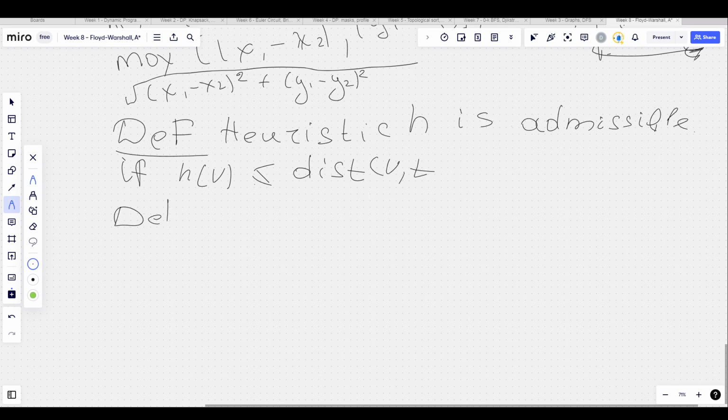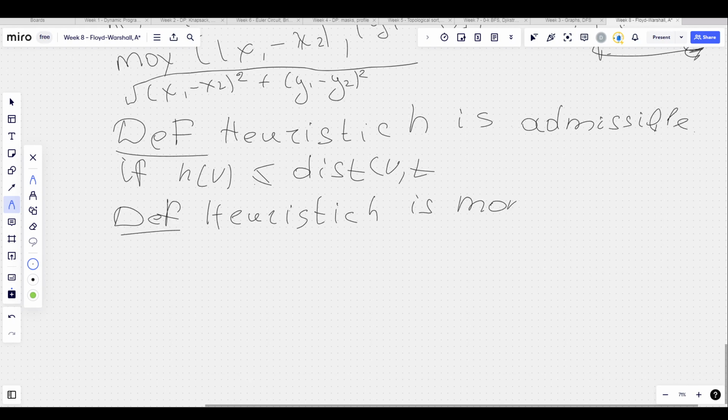And another definition of a heuristic function. Heuristic h is what?